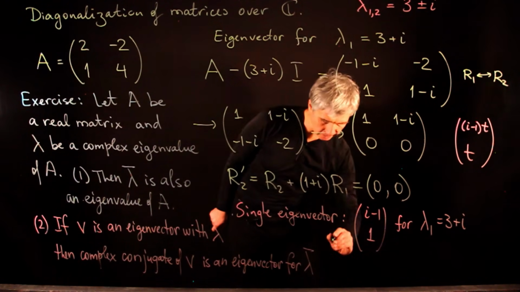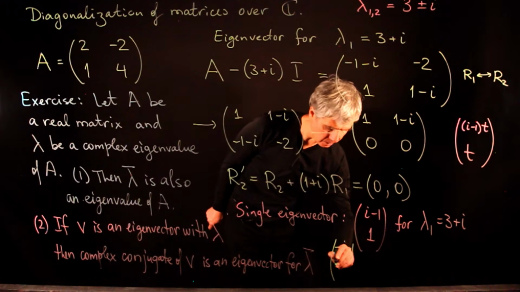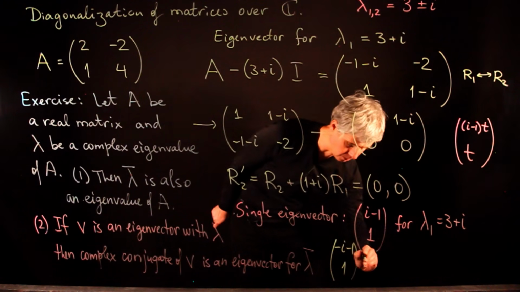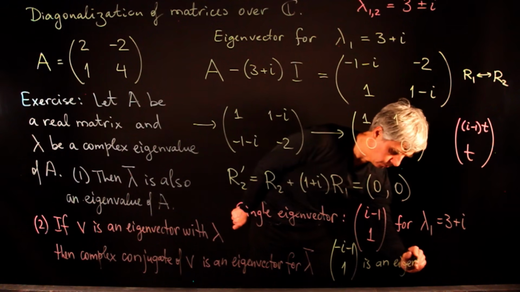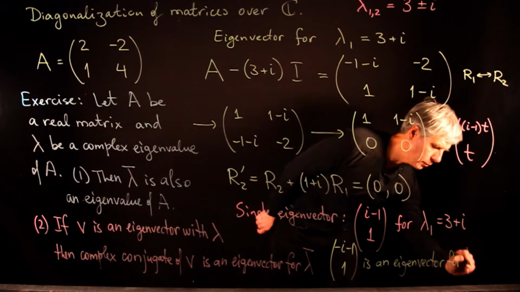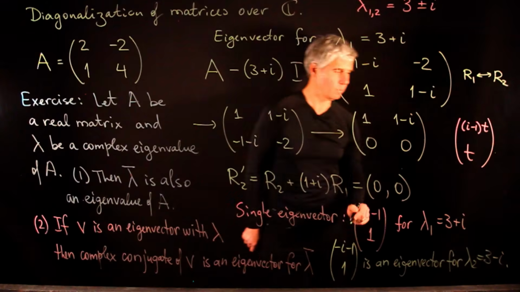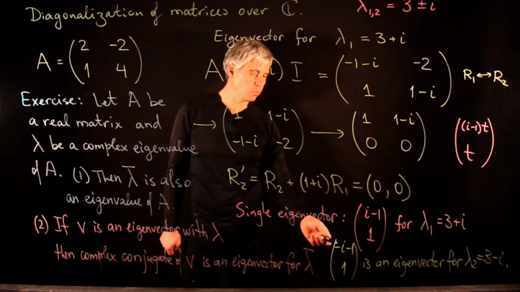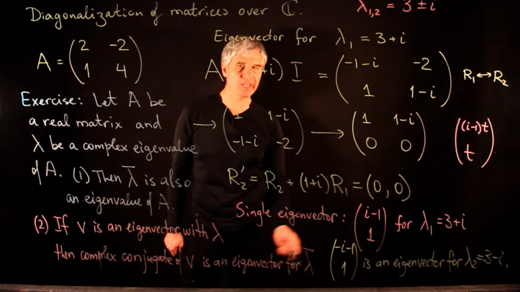So what we get is that the following vector, (−i − 1, 1), is an eigenvector for lambda 2, which is 3 − i. To get this eigenvector, we change the sign at i in all places in this vector.